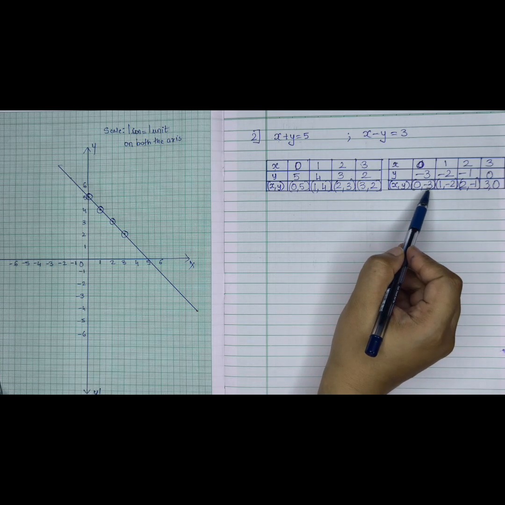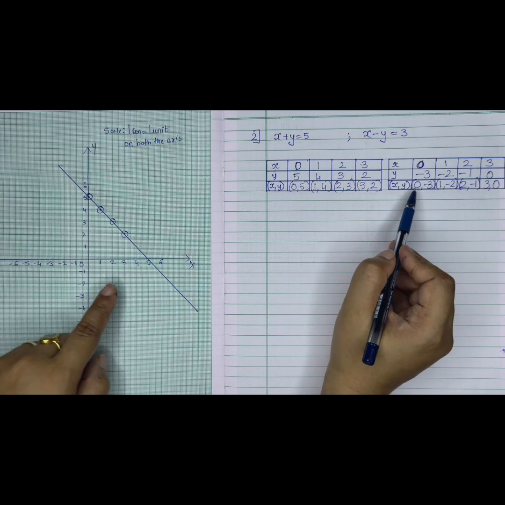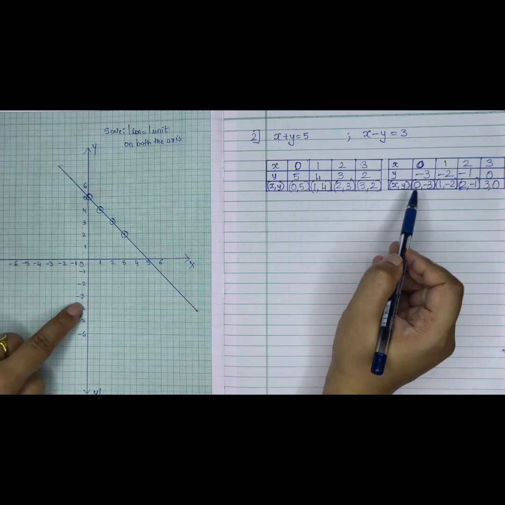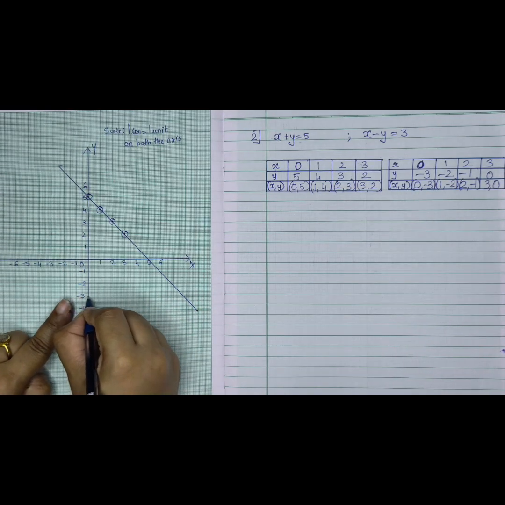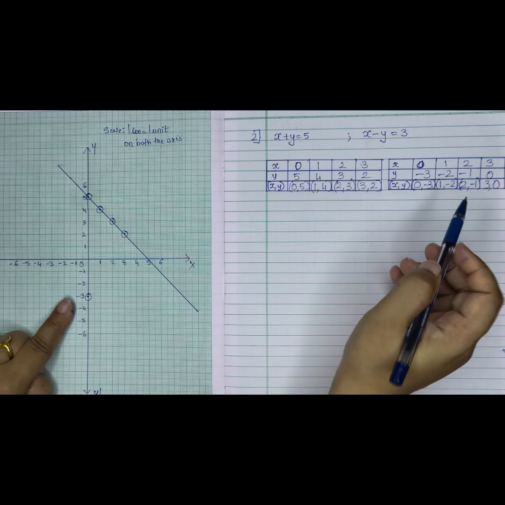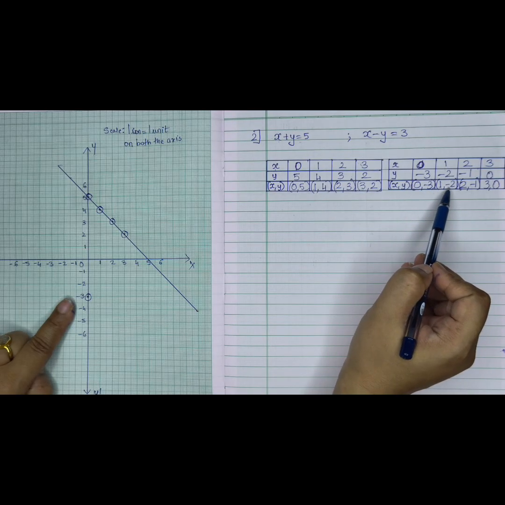Now we plot these points. X is 0 and y is minus 3 here. Next is x is 1 and y is minus 2.